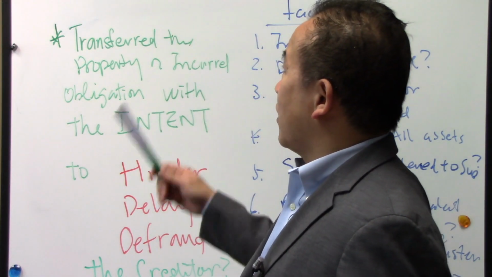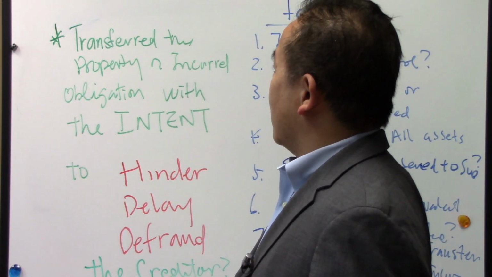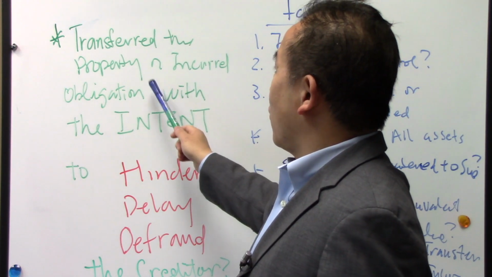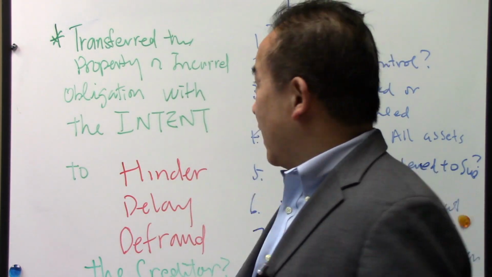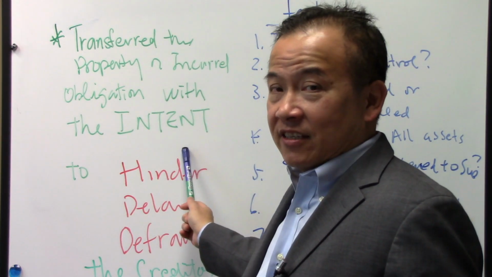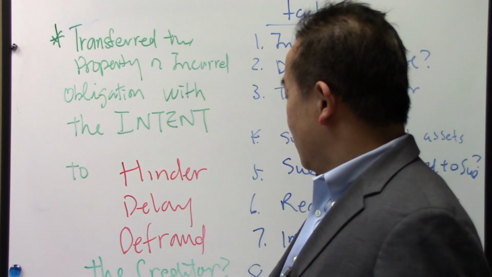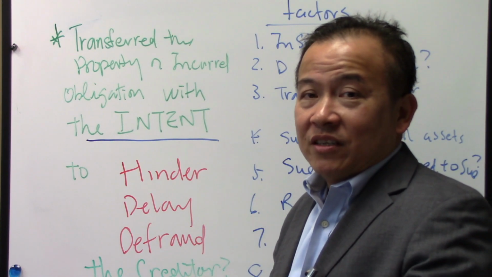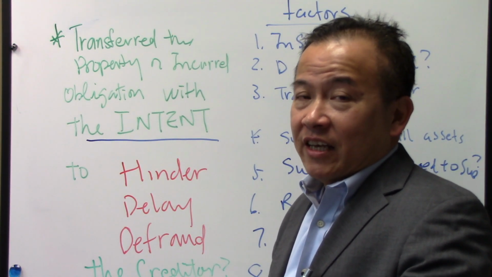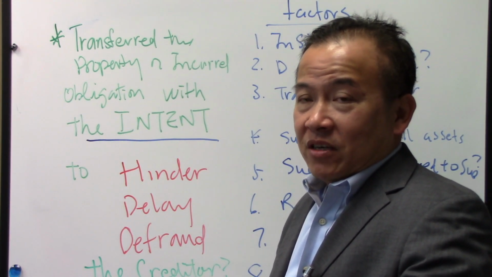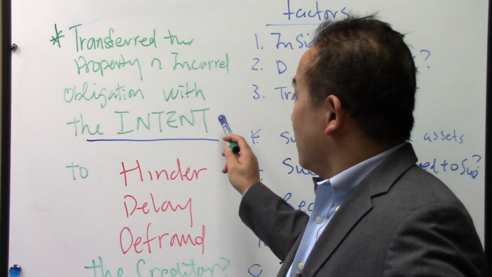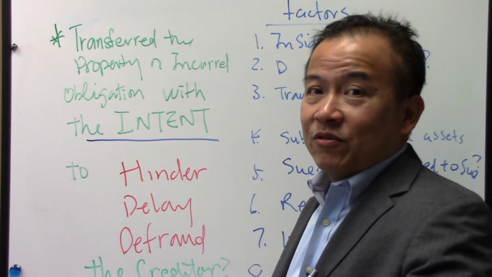Okay, and that third element is whether or not the debtor transferred the property or incurred an obligation with the intent to hinder, delay, or defraud the creditor. The reason that is most litigated is because the intent is really hard to prove.